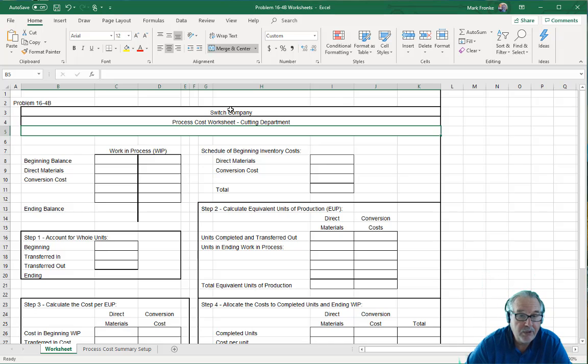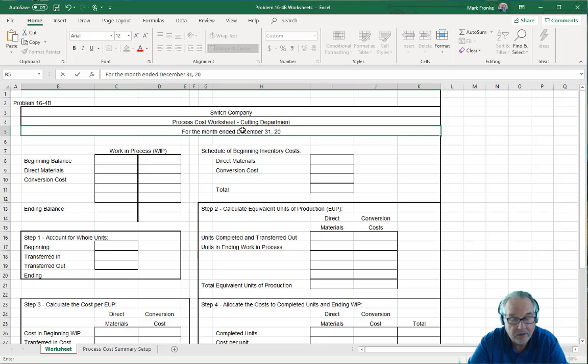So every department in a process cost system is going to need a work in process account. And this is for the month ended December 31, 2019.